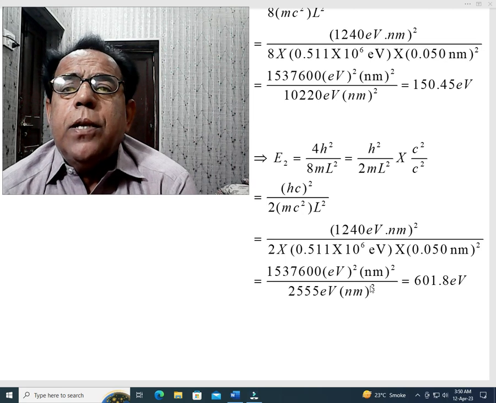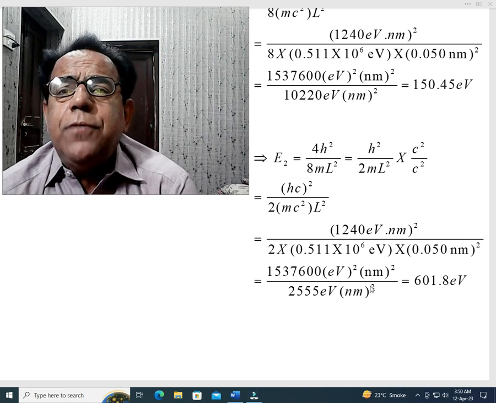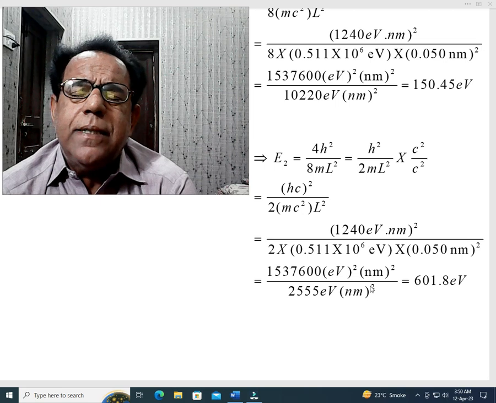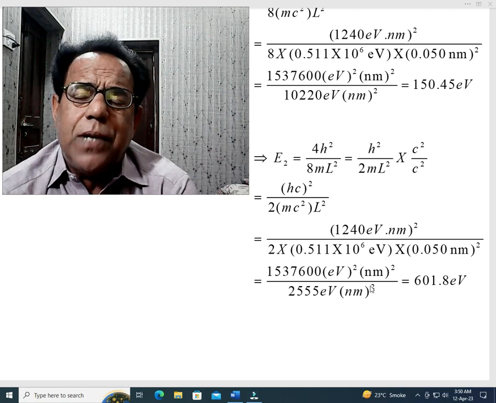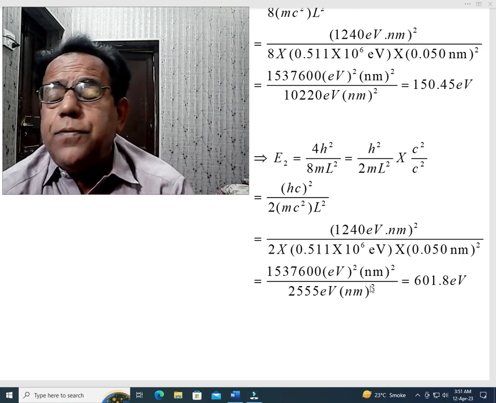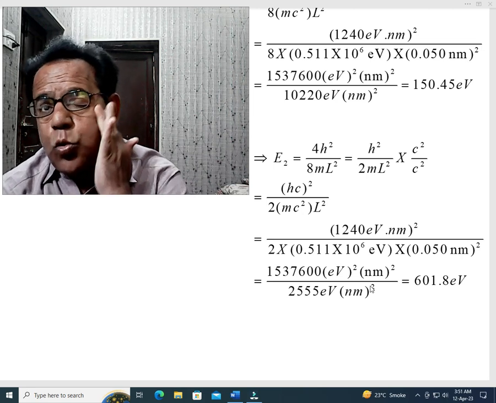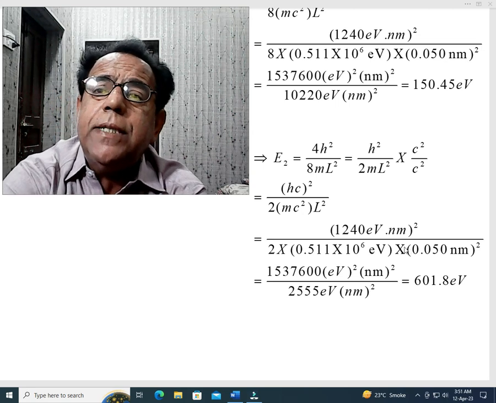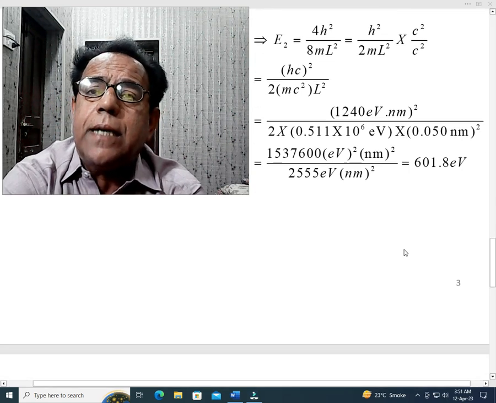Now here nanometer square will be cancelled with nanometer square, and one electron volt will be cancelled from electron volt square, so we will be left with only one electron volt. So our value of E2 will become 601.8 electron volt.